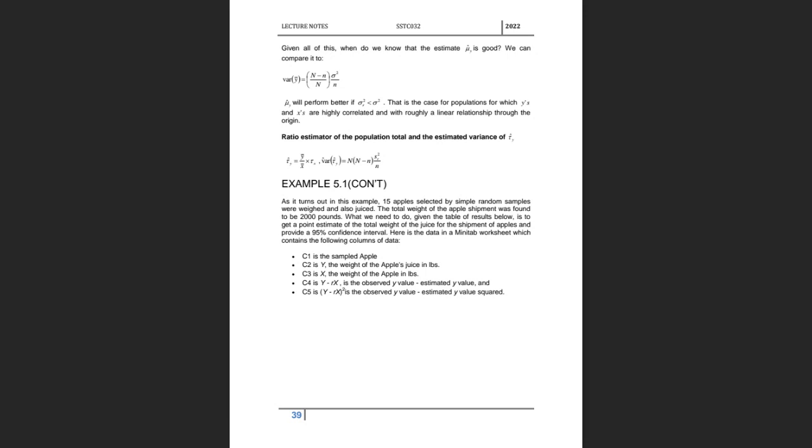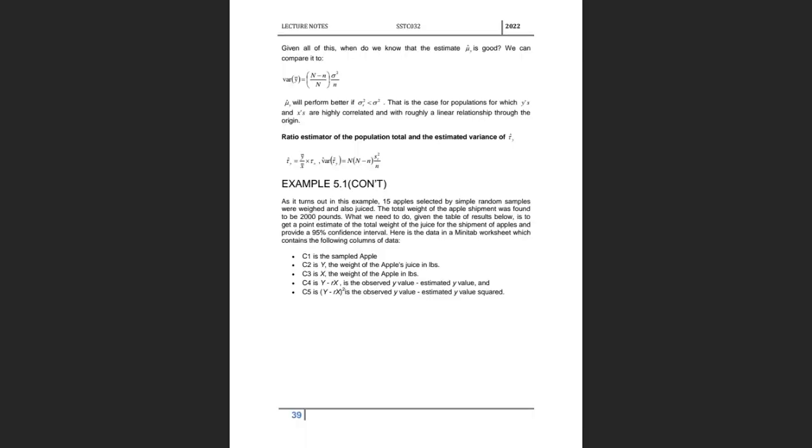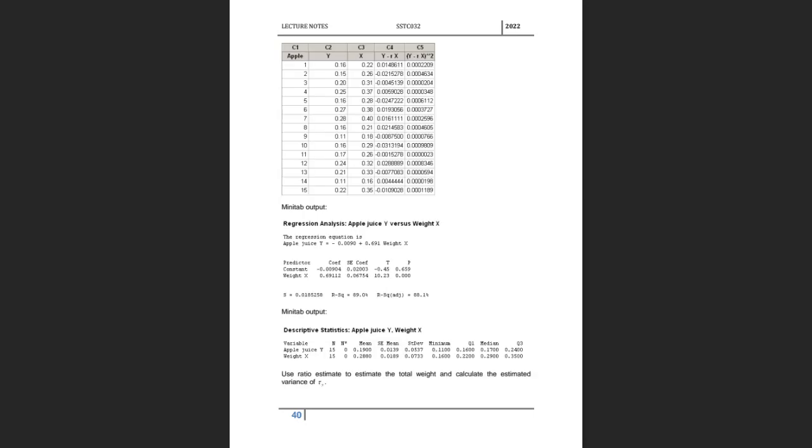So in other words, we have been given the information of a sample size, which is 15, and they gave us the total weight of apples, or of oranges, which is 2000, which is tau x. Okay, let's go down and see the questions down there. Next page, I think. Page 40.